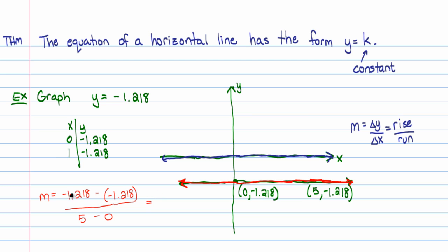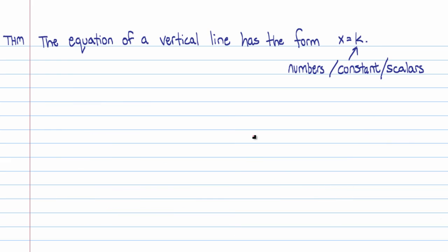That numerator, negative 1.218 plus 1.218, becomes a 0. The denominator is just 5, but 0 over 5 is 0. And in fact, this is true for all horizontal lines, that their slopes will actually be 0. So let me write that down as a theorem here.